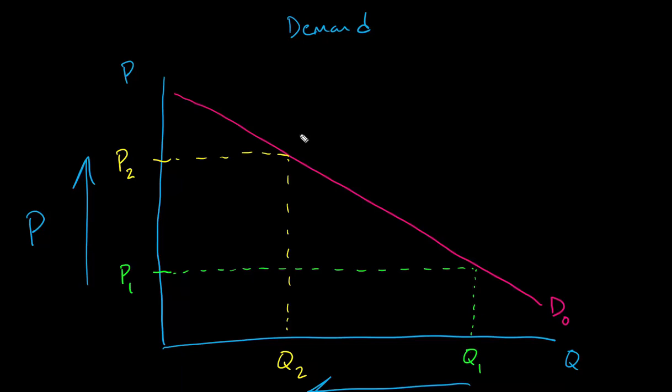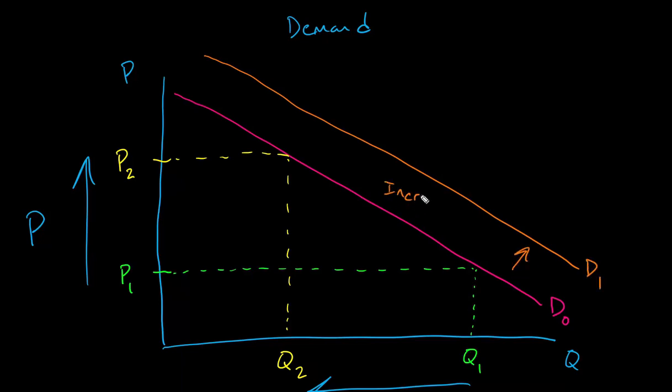So in the next videos, we're going to be looking at what things can cause demand to shift, cause demand to change. And when we get there, we'll see that the entire curve is going to shift. So we might get, and I'm going to erase these in a bit, an increase, right?